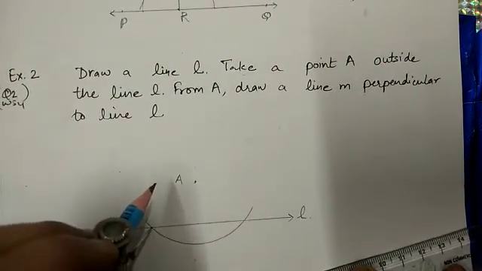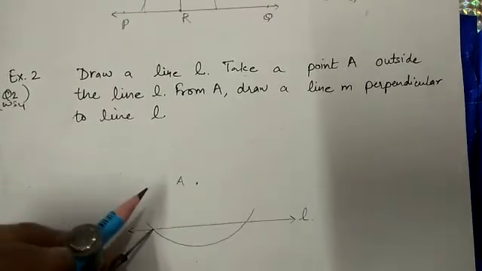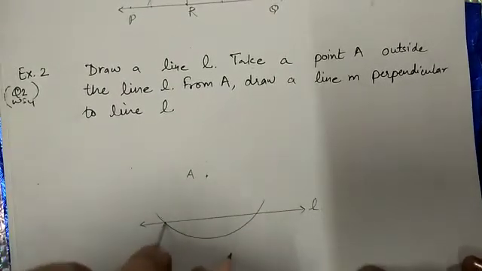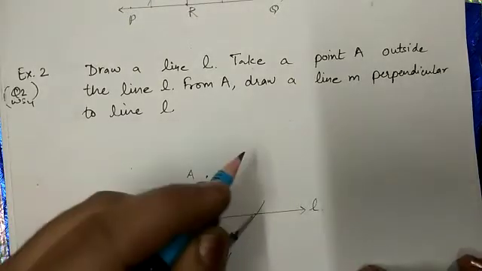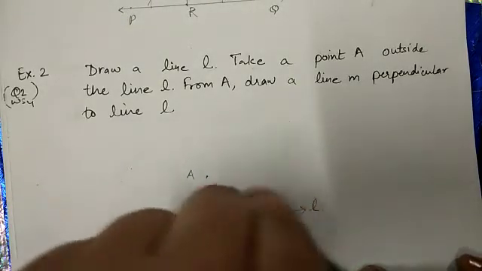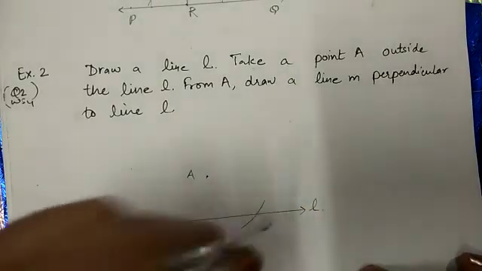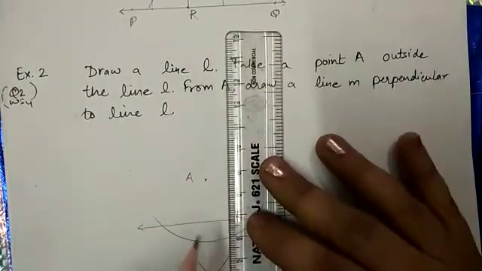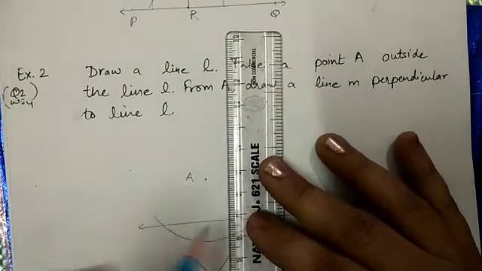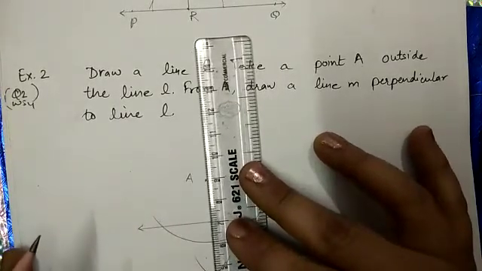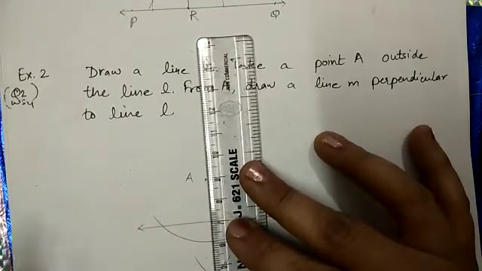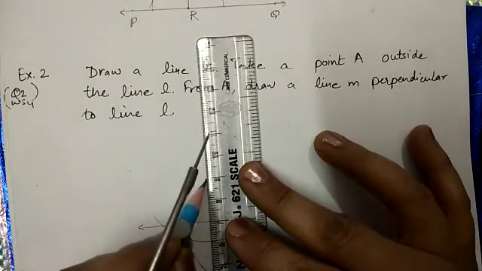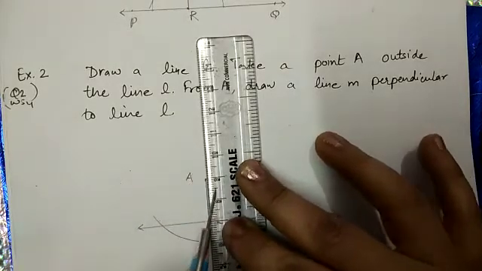Now I will keep my compass here and mark an arc. You can increase or decrease the radius of your compass. Better to increase the radius so that you could draw it more clearly. But if you do not change it, again it is okay. It doesn't matter.